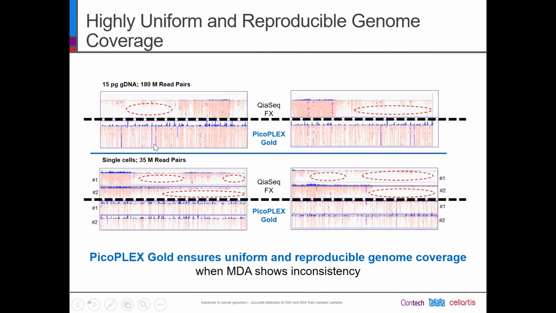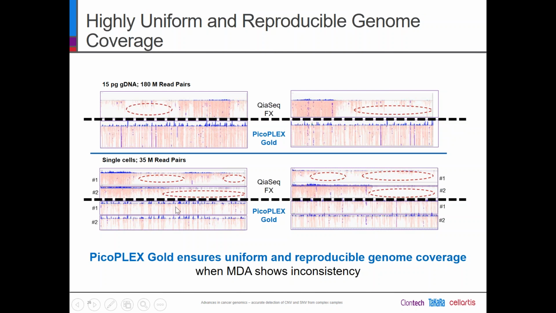As you can see on the top panel, those are genomic loci examples. PicoPLEX Gold shows really even distribution of the reads, whereas MDA shows regions which are not covered. This is seen directly taking DNA as input, but very importantly, this lack of coverage with MDA and good performance with PicoPLEX Gold is also seen from single cells.